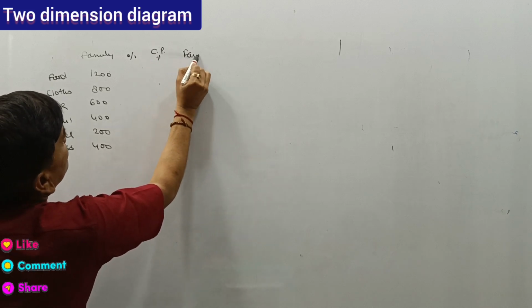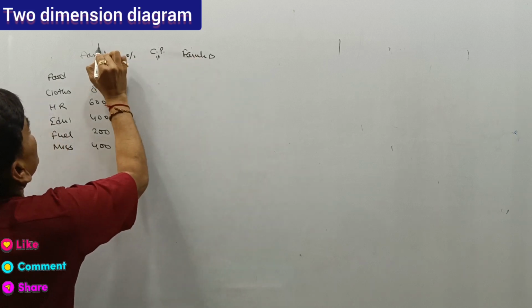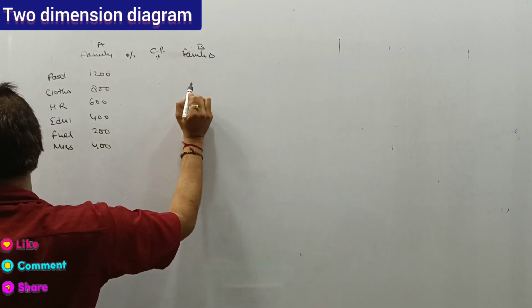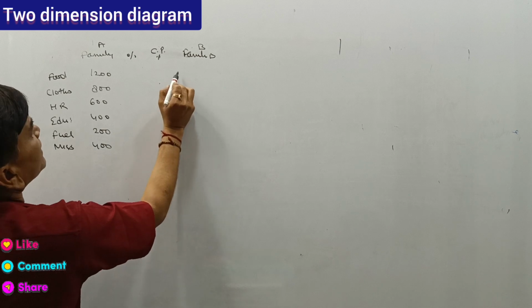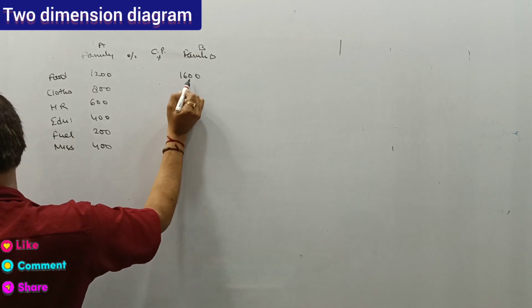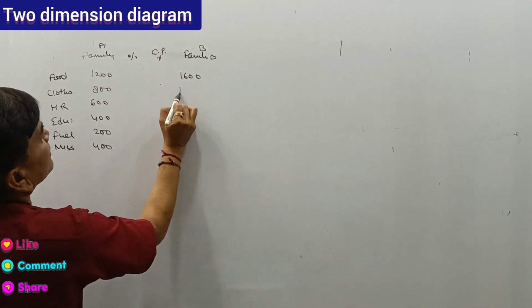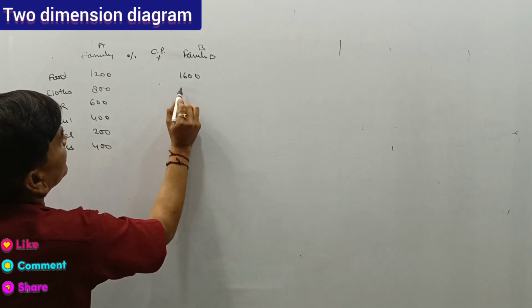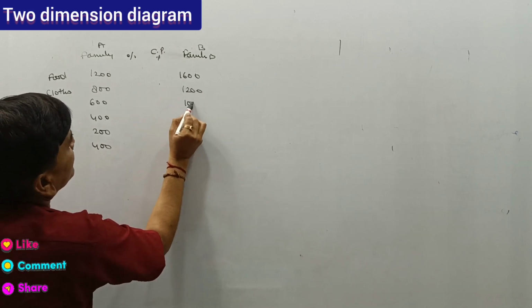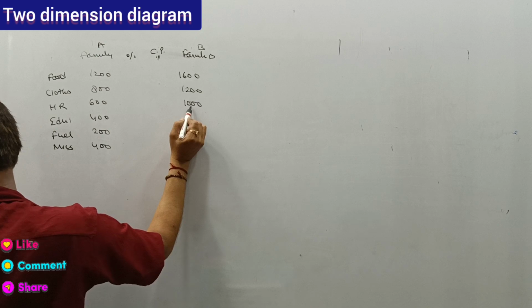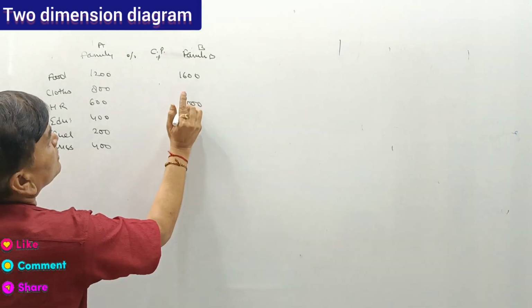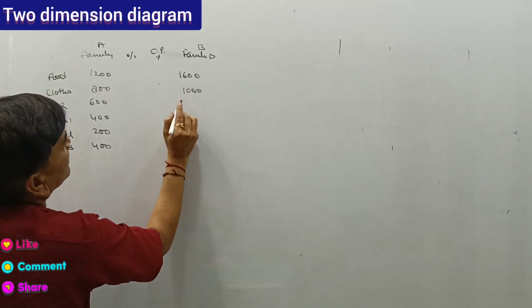Family B: this is family A and this is family B. Expenditure is 1600, 1000, 1200, 1000, 1000 and 1200.